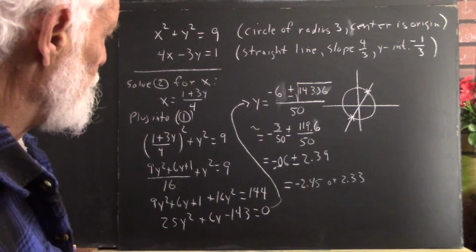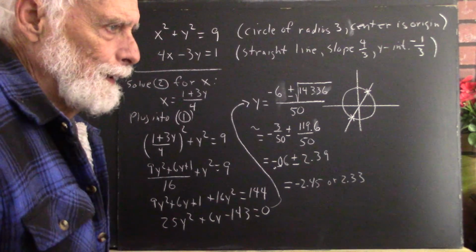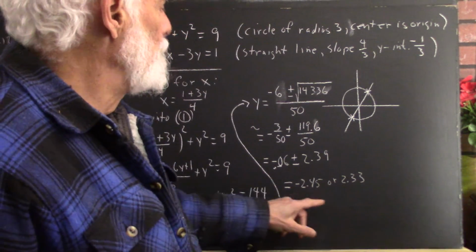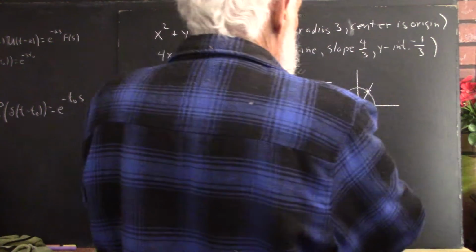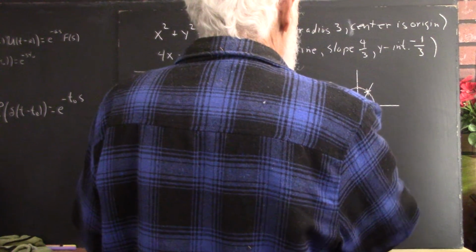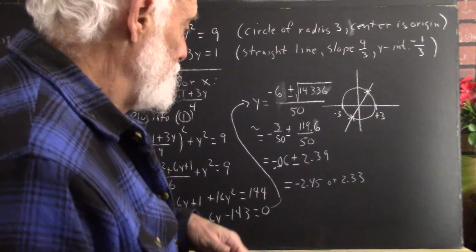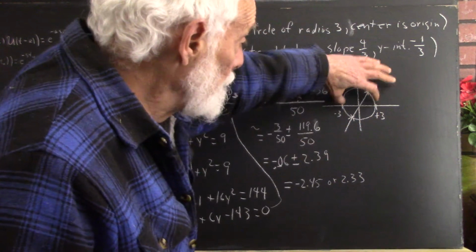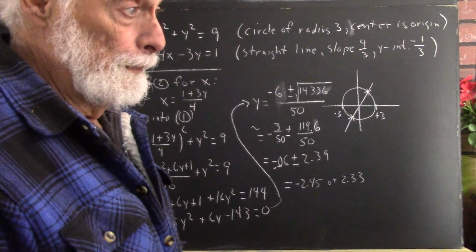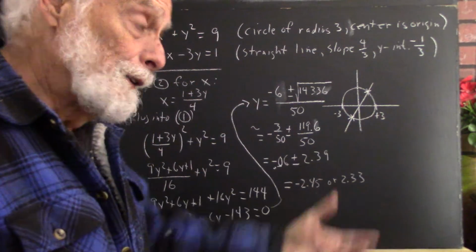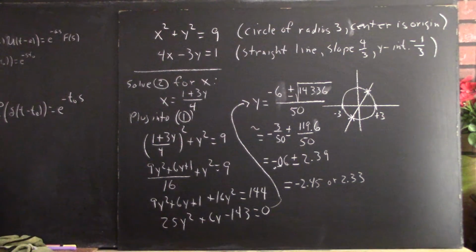With a slope of 4/3, it doesn't. Okay, so this isn't totally implausible. Remember that for a circle of radius 3, we have negative 3 here and plus 3 here. So both of these are in the range of points that could intersect the circle. Pretty simple problem. I shouldn't have done this to us or to me.